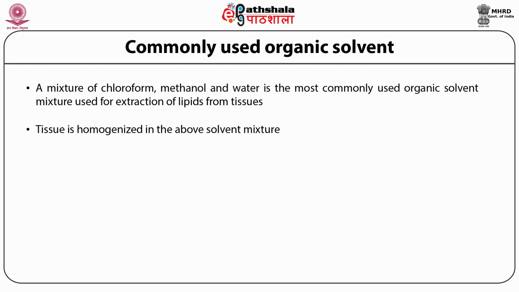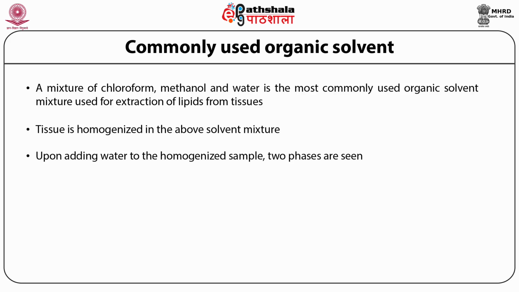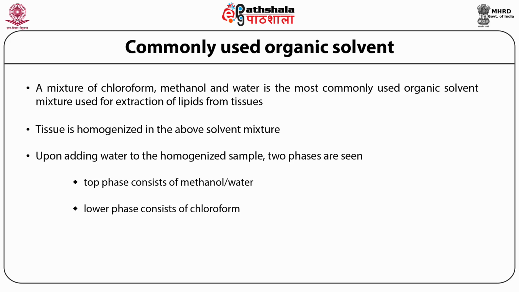So the tissue is taken and it is homogenized in the above solvent mixture. Once homogenization has taken place, a little water is added to the homogenized sample. As soon as you add water, you will see that there are two phases. The top phase will consist of methanol and water, while the lower phase will consist of chloroform.